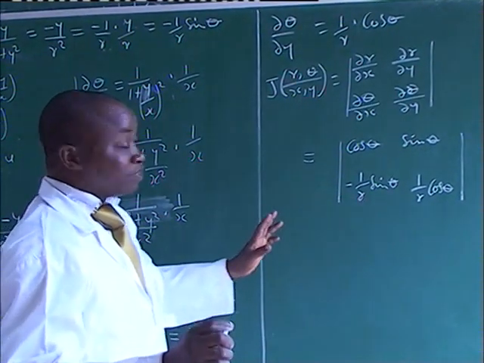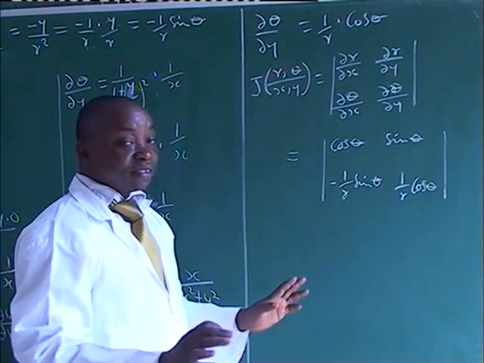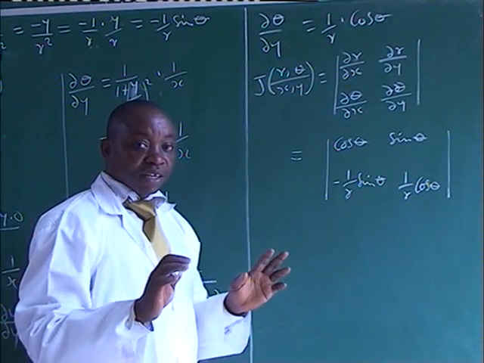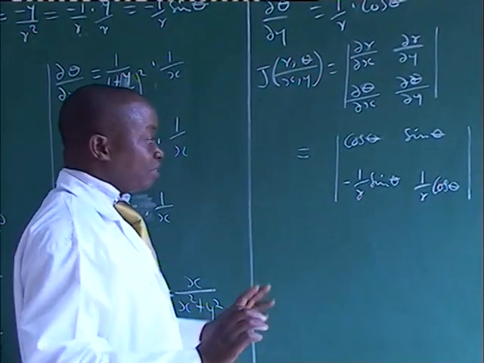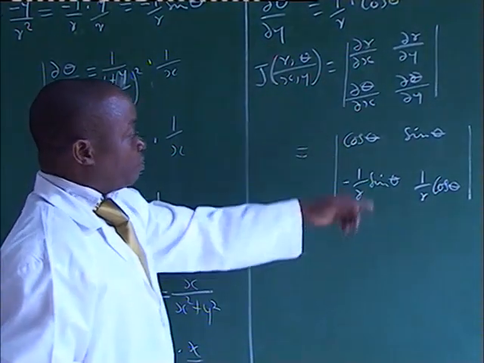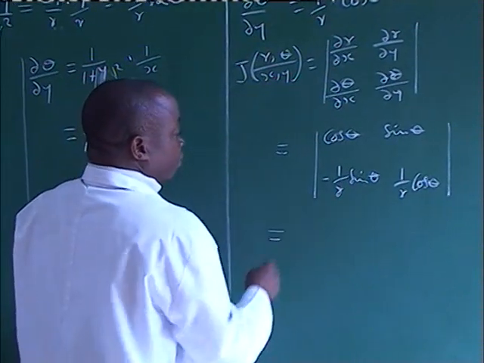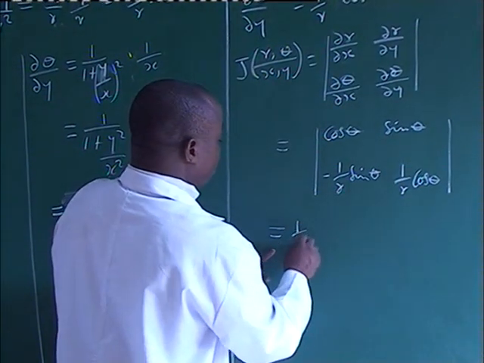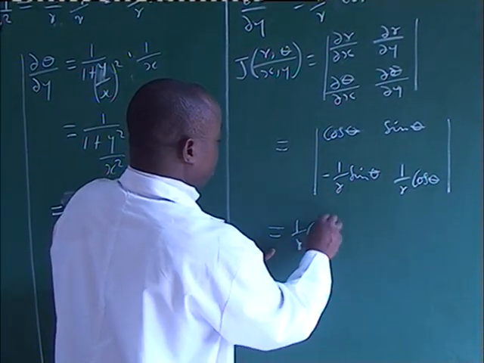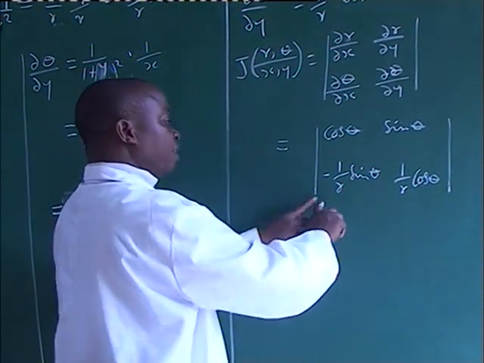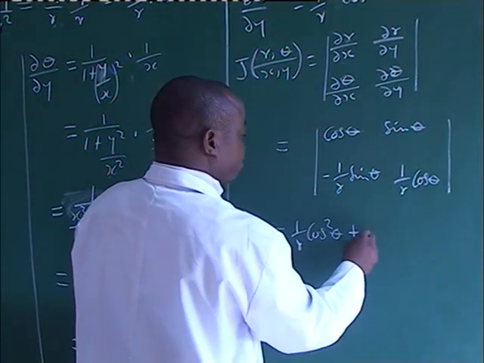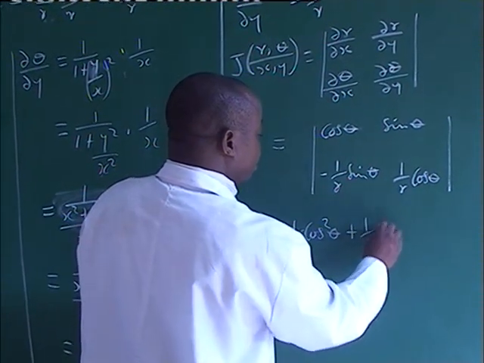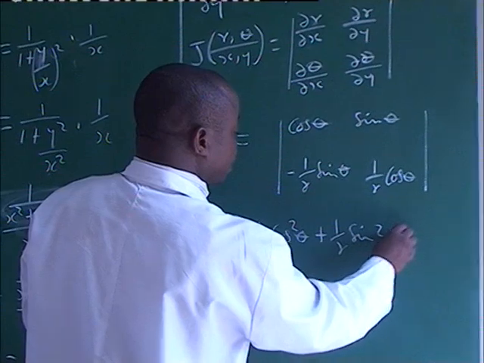Okay, so we are able now to express the Jacobian of r and theta with respect to x and y. It's very simple that way. Just understand the coordinate plane, and then you can know your r and know your theta from there. Now, we want to take the determinant. So this time this gives us 1 all over r cos square theta. Now if you go this way, there is an invisible minus, so you have plus 1 over r sin square theta.